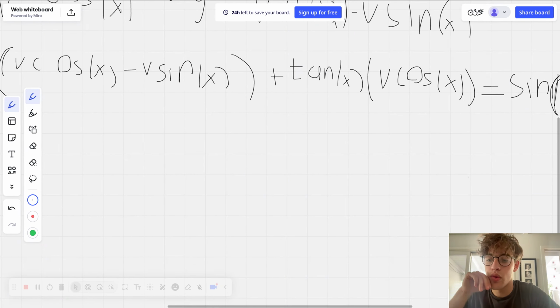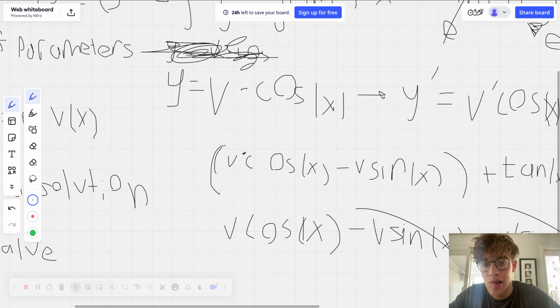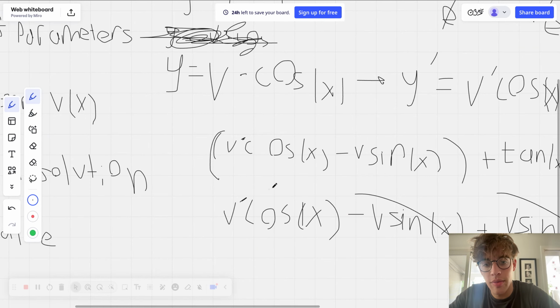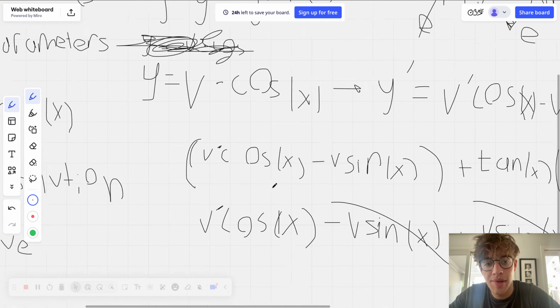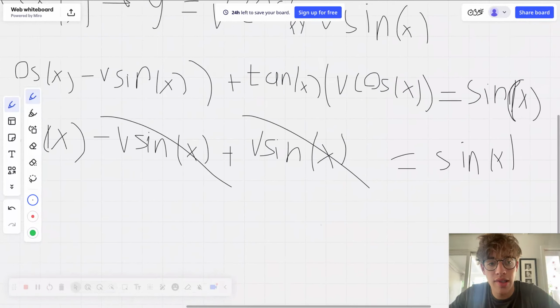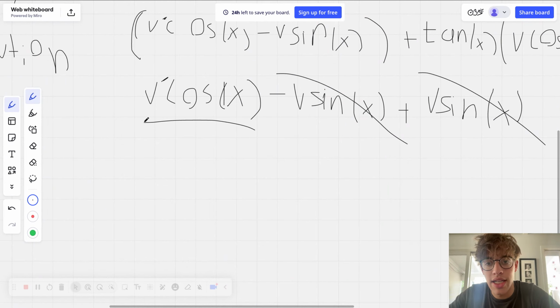Then we try to isolate v prime, so divide both sides by cosine x, which is just tangent. So we know v prime is tangent.